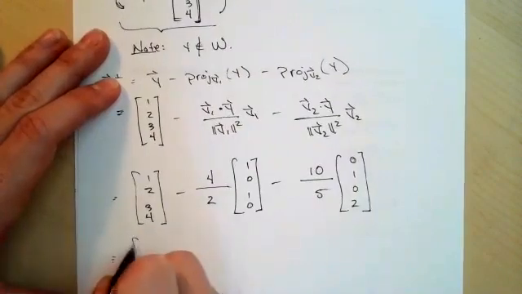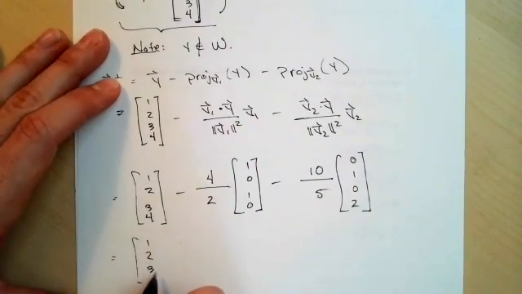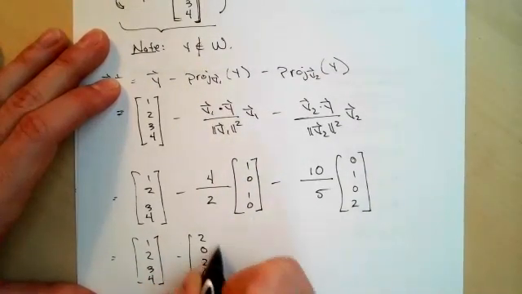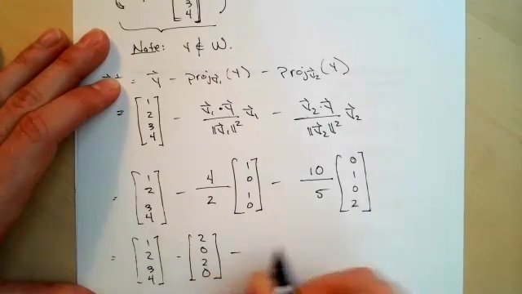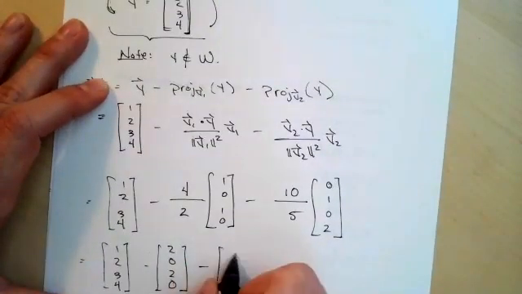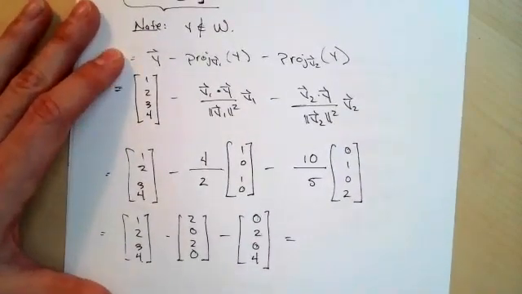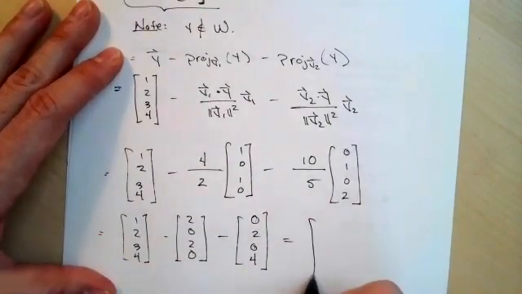So computing that, 1, 2, 3, 4, minus, we'll have 2, 0, 2, 0, minus 0, 2, 0, 4, and what do we get?